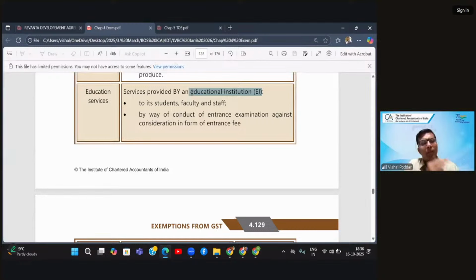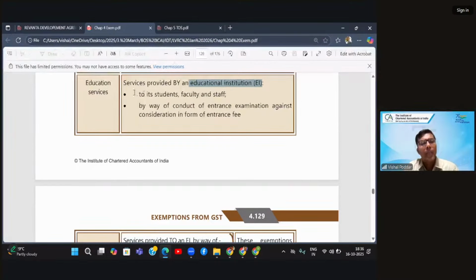Let us say a foreign university starts its education in India and it is offering foreign courses and foreign degrees. Post standard 12, whatever is the fees is not exempt because these foreign degree colleges or foreign universities are not fitting in the definition of educational institution. This is important. And when it comes to vocational, it should be such an institute which is obviously recognized by the central or state government for running the vocational course.